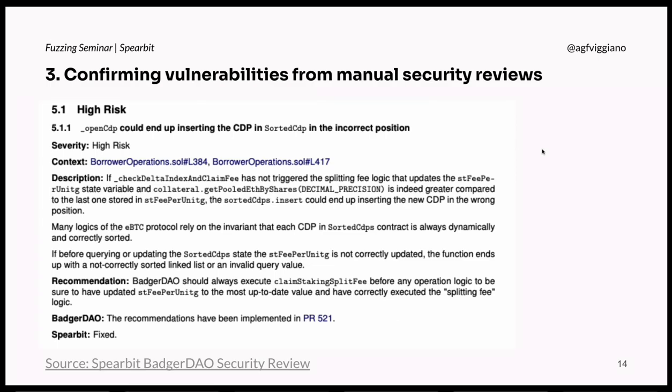So personally, I had not read any of the previous audit reports that eBTC had gone through, and we did this intentionally, not to get too biased by the findings that the auditors had found.